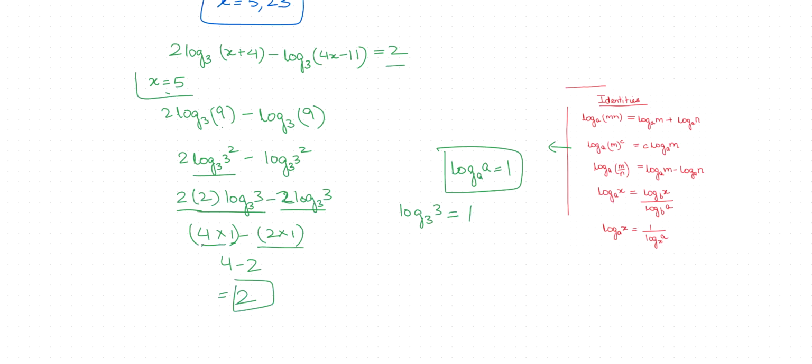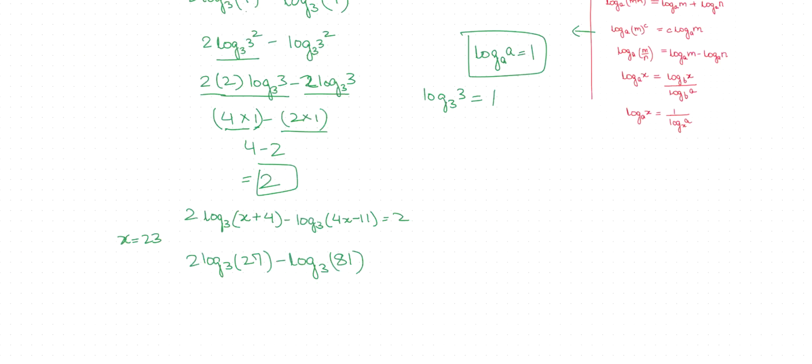Now let's check x is equal to 23. So we substitute x equal to 23 and we get 23 plus 4, 27 here, and 4 times 23 minus 11, 81. Let's simplify and see.